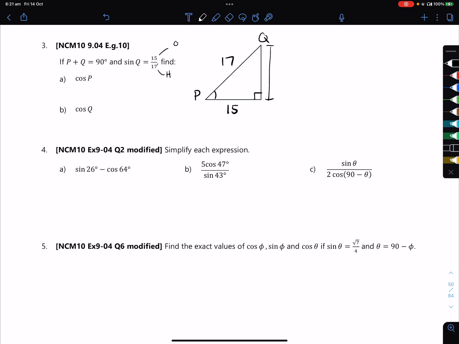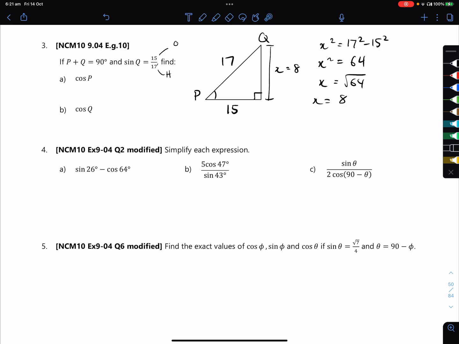We'll call that x. So x squared, the shorter side, is going to become 17 squared minus 15 squared. 17 squared minus 15 squared is 64. So that means x is the square root of 64, which is 8.